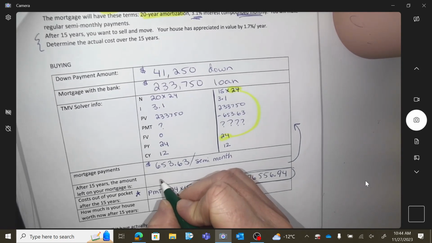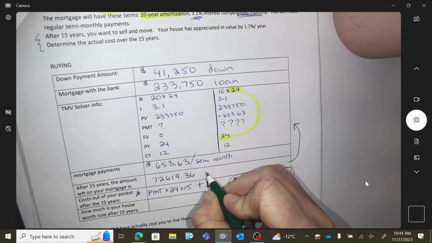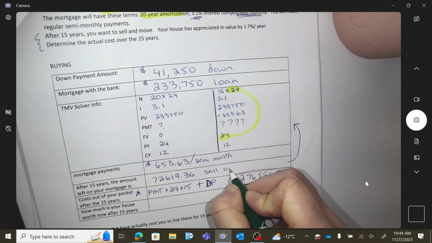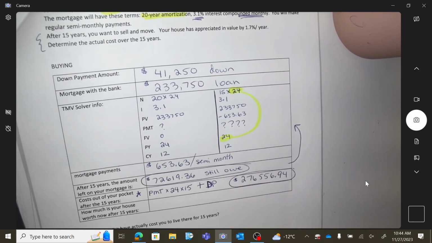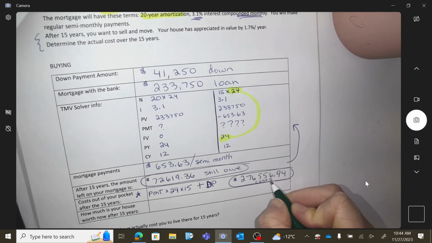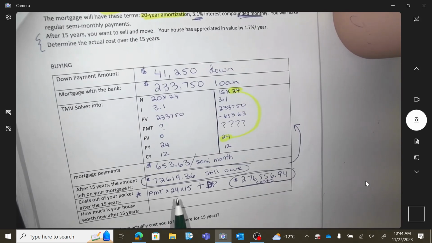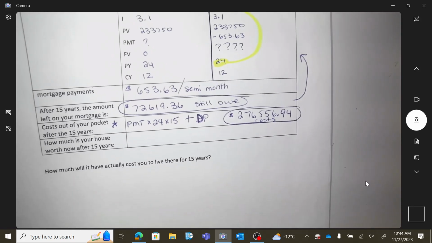Number? Okay, so I still have to give the bank that much money yet.